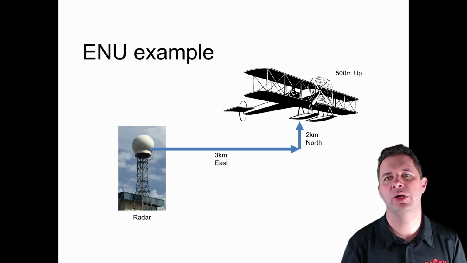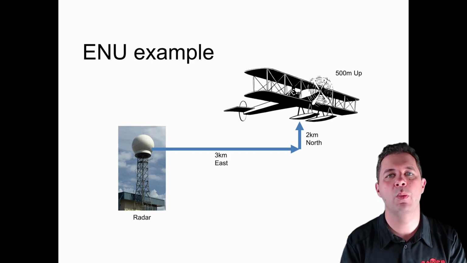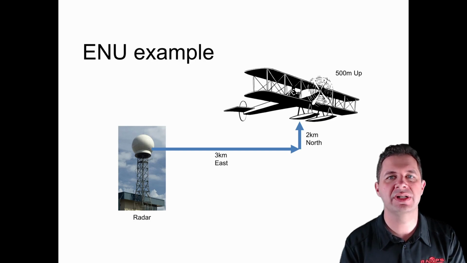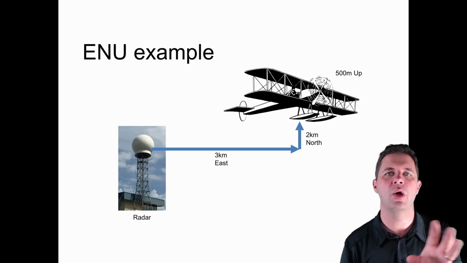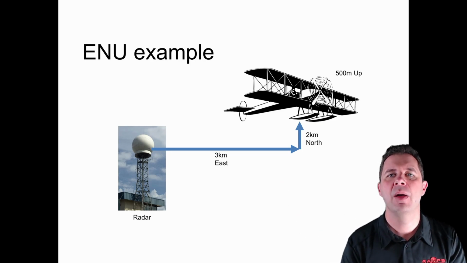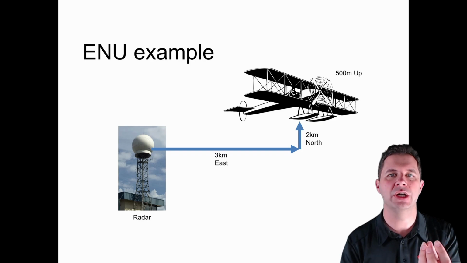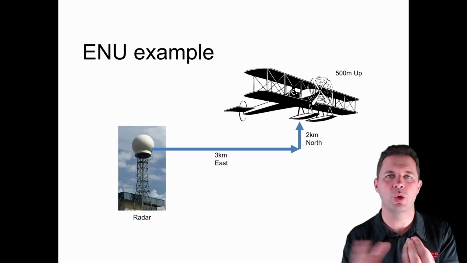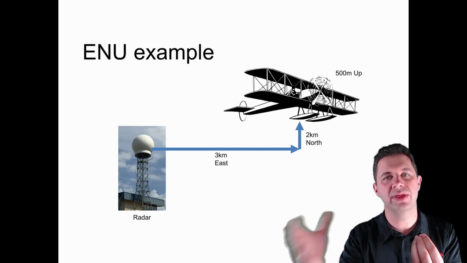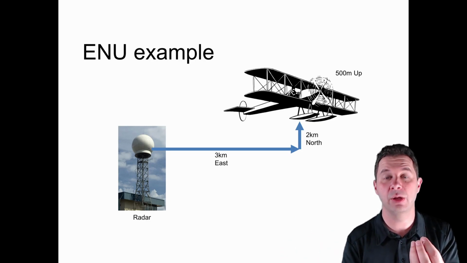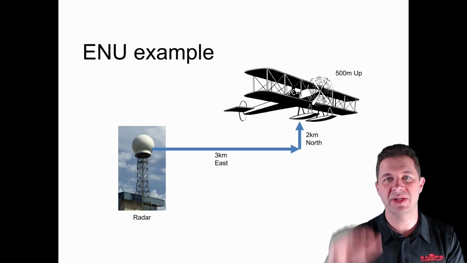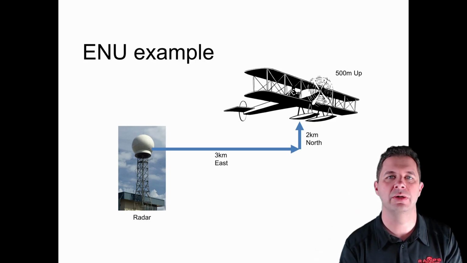So one place we might use this more naturally is somewhere like an air traffic control tower, where we're not so much interested in what's our exact latitude and what's that plane's latitude and what's their longitude and things like that. But if we think about what's our location and how many kilometers or meters are they north of us and how many meters or kilometers are they east of us and how many kilometers or meters are they in terms of their altitude from our altitude.